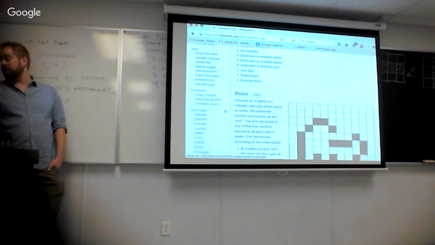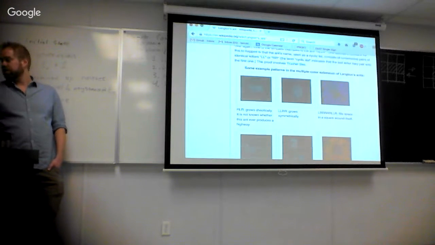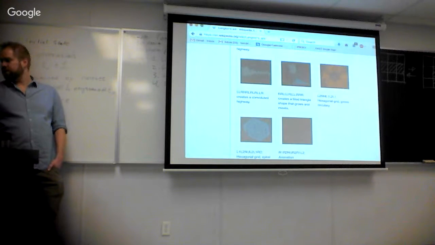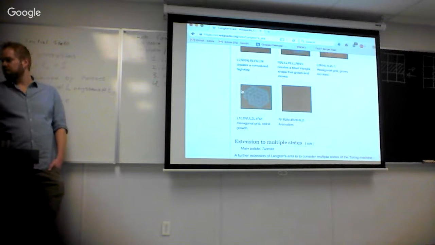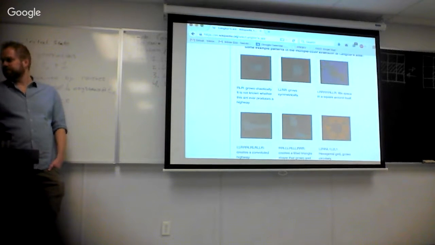What do you get out of it? Well, chaos. Nice ordered pattern. And then they talk about this convoluted highway, spiral growth. Okay, so you can get really complicated motion. Neat. By changing whether it turns left or right. Is that what the RLR is?